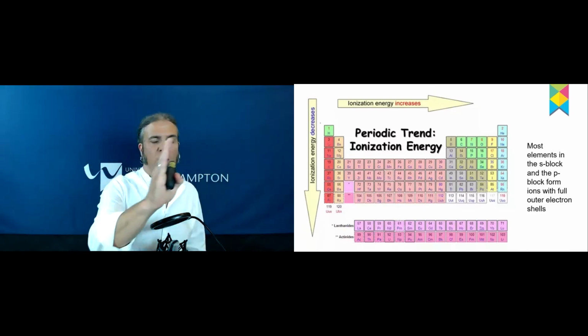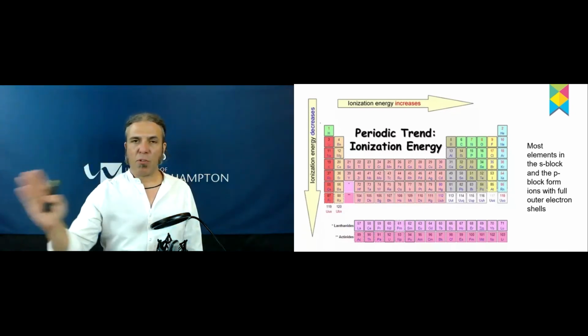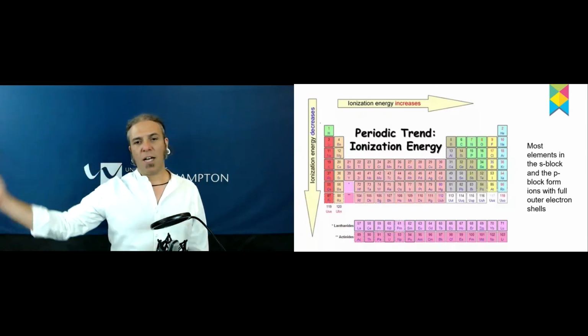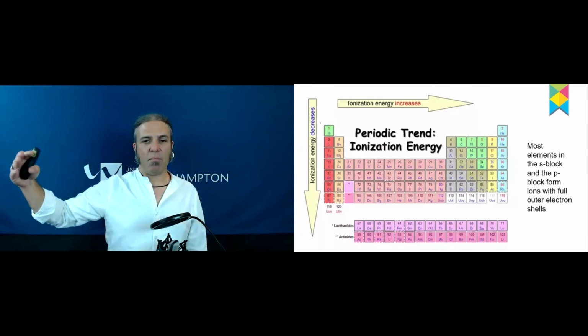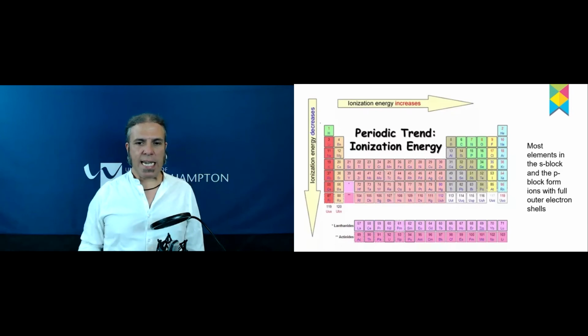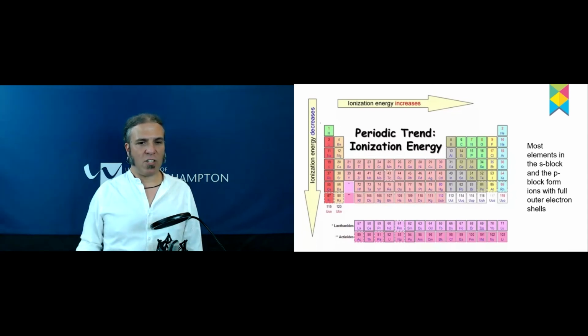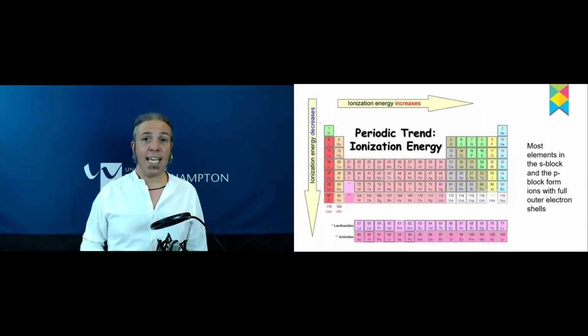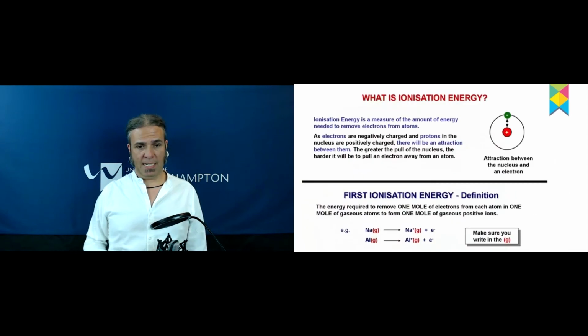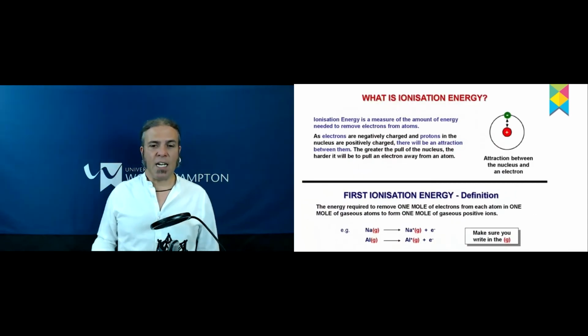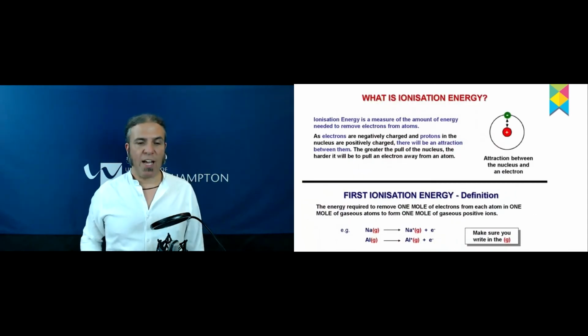If we move across groups, from group 1 to, as you can see here, group 0, which is helium, then it's harder to remove those electrons, and ionisation energy increases. And this is just a reminder of exactly what I've just said with an example.